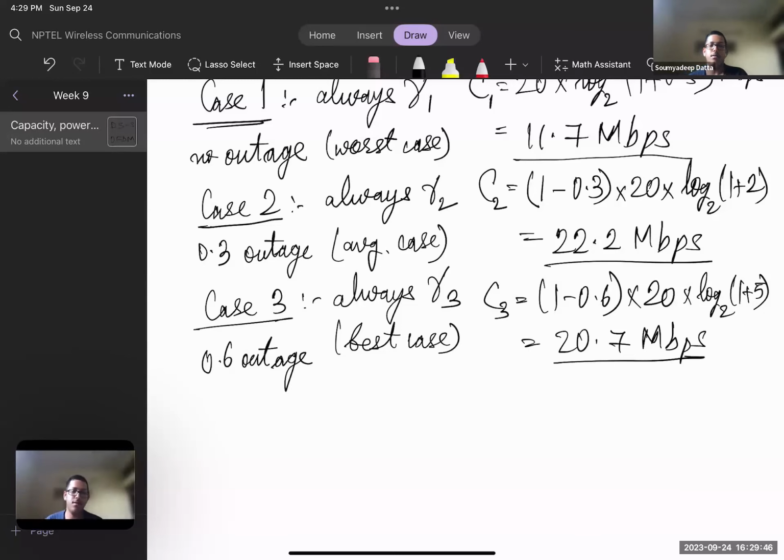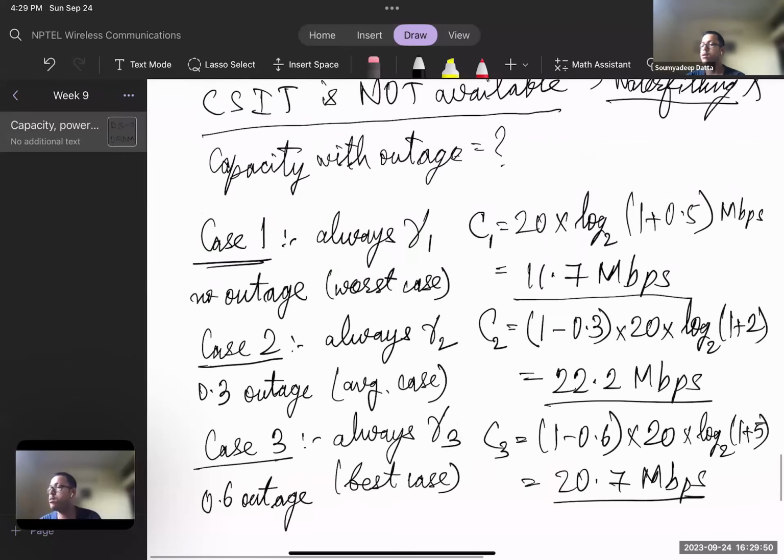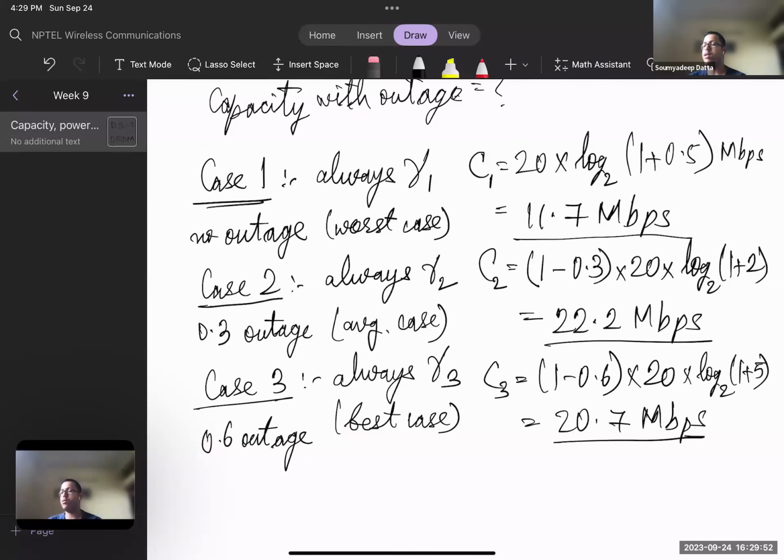Right. So now let us compare these three values, right? These are all the possibilities that we can have. We can either assume worst rate and transmit according to that, or we can assume the average rate, forget the worst case, and transmit according to that, or we can assume that only the best case scenario will be there, and we neglect the bottom two scenarios, and then we transmit according to that.